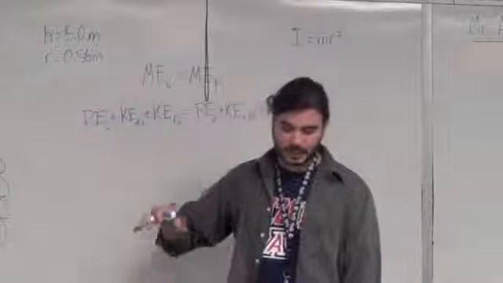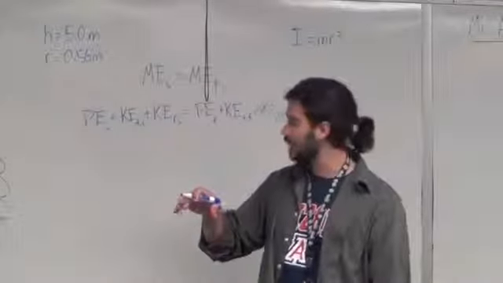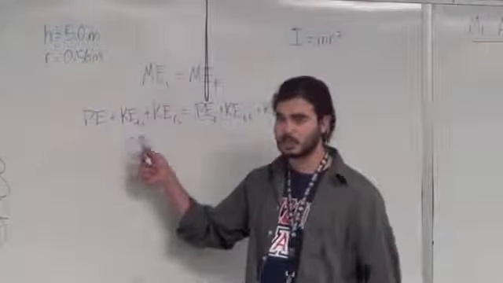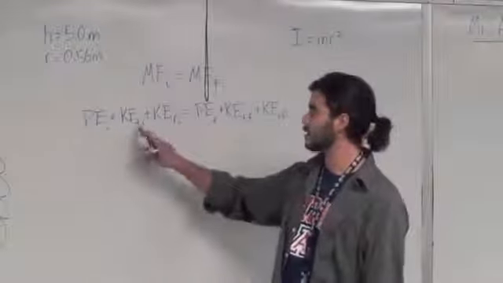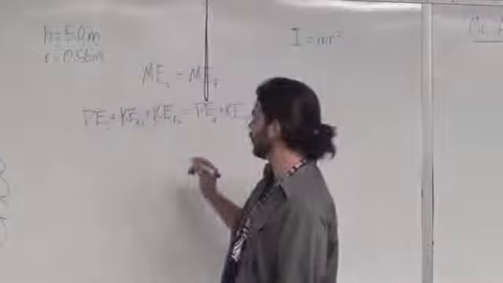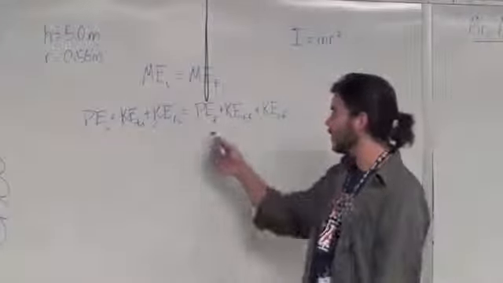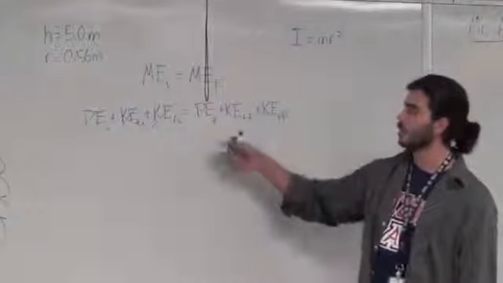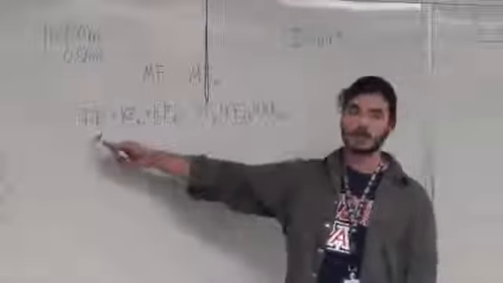Now, when it's at the top of the slope, it's not moving translationally or spinning rotationally, so it doesn't have any kinetic energy or rotational kinetic energy. So those are going to be 0, they'll just cancel out. When it's at the bottom of the slope, it no longer has any potential energy, which is all that it started with.